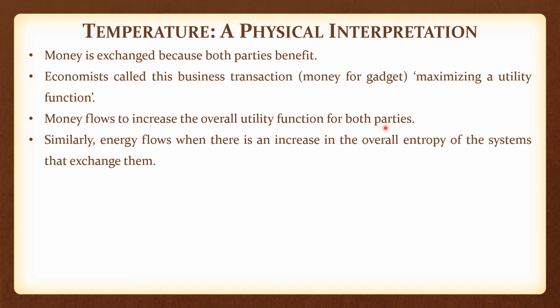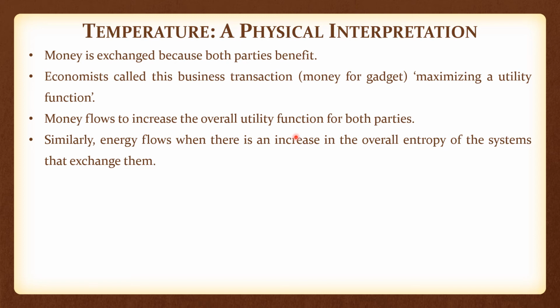Similarly, energy flows when there is an increase in the overall entropy of the systems that exchange them. And this increase is when there is an irreversible exchange of energy. When there is a reversible exchange of energy, the overall entropy stays the same, it doesn't decrease. dS is greater than or equal to 0.